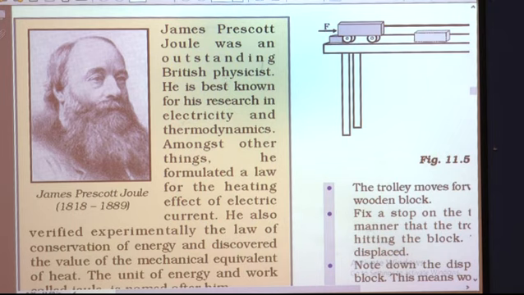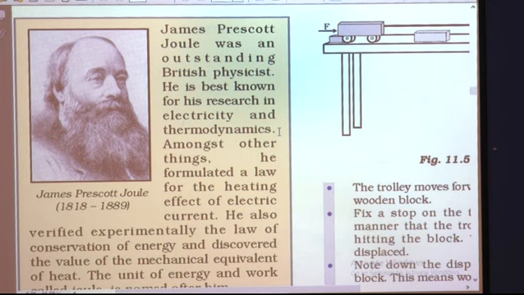So see some information about this scientist. James Prescott Joule was an outstanding British physicist. The scientist of physics is called a physicist. He is best known for his research in electricity and thermodynamics.